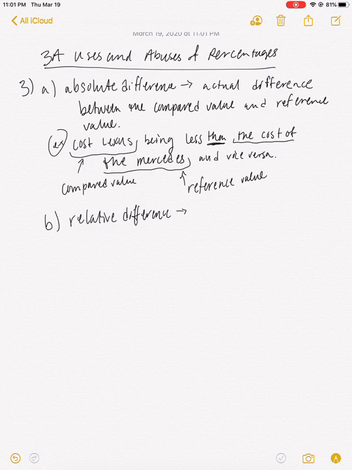Okay. All right. Now, what is relative difference? Okay, relative difference is the size of the absolute difference in comparison with the reference value as a percent.